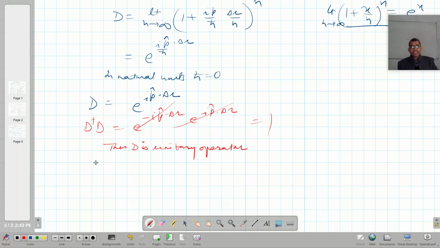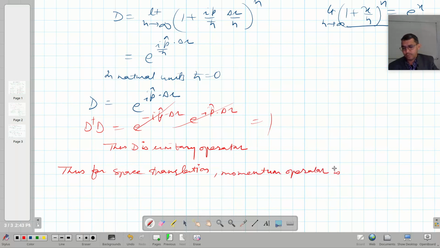Thus for space translation, from this discussion we concluded that the momentum operator is the generator of this translation, this transformation.